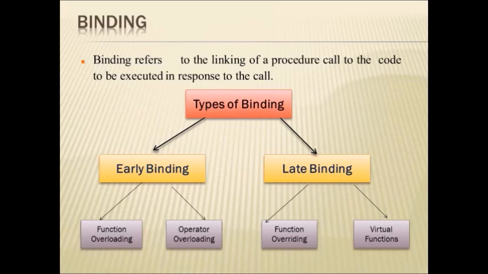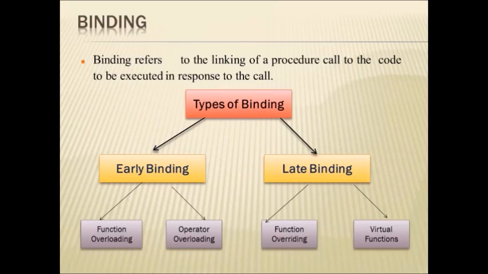The object is bound to its function call in two ways, that is compile time and runtime. If the object is bound to its function call at compile time, that is early binding. If the object is bound to its function call at runtime, that is late binding. So function overloading and operator overloading are the examples for early binding. Similarly, function overriding and virtual functions are the examples for late binding.